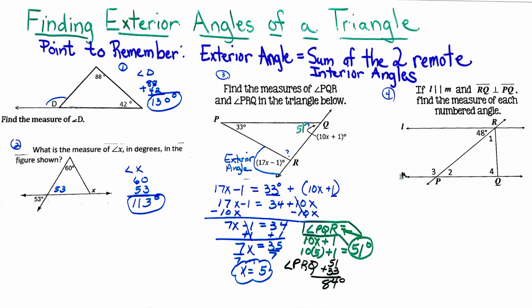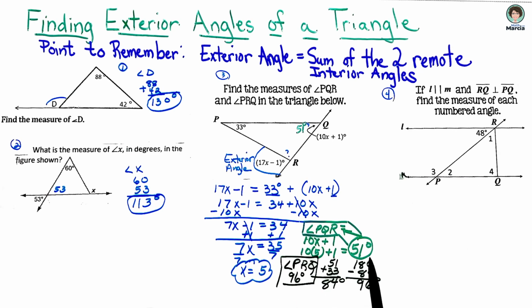But we must subtract that 84 from 180 because 180 degrees is in that triangle. So I know that angle PQR is going to be equal to 96 degrees. So here we go. Angle PQR is 96 degrees.